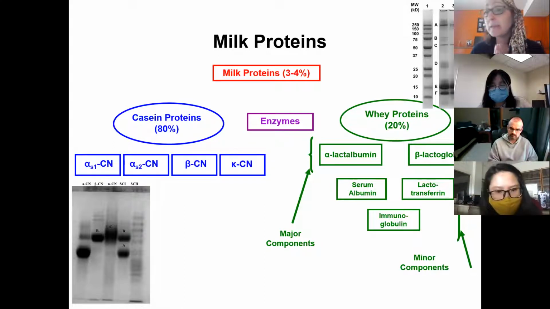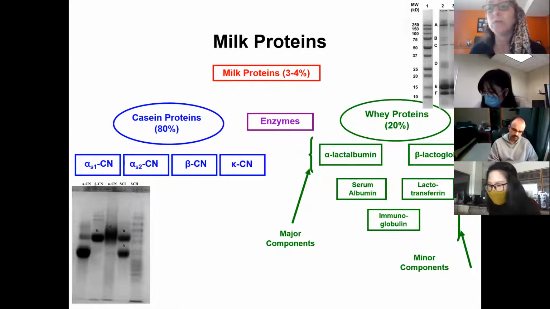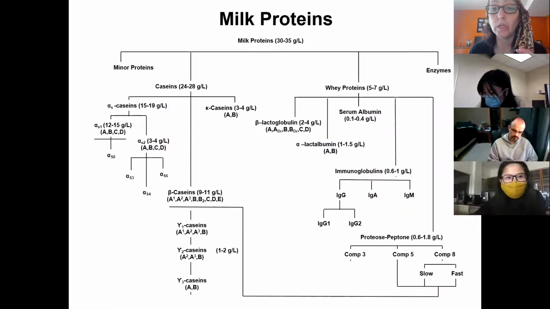They're not as prominent, and they might have biological properties but not functional properties. The functionality of whey protein isolate or concentrate lies in the beta-lactoglobulin and alpha-lactalbumin, and that's why we will focus more on that.